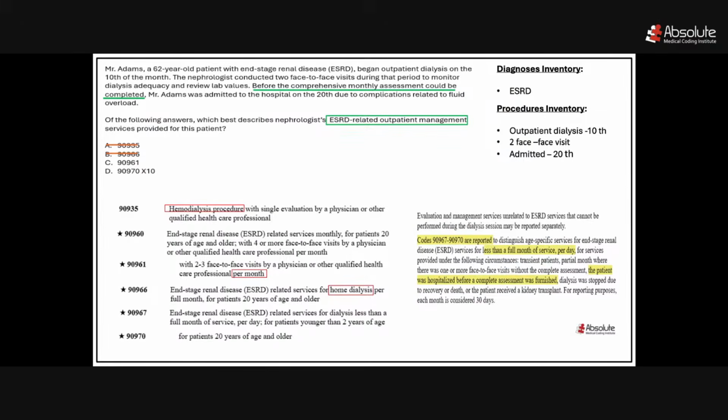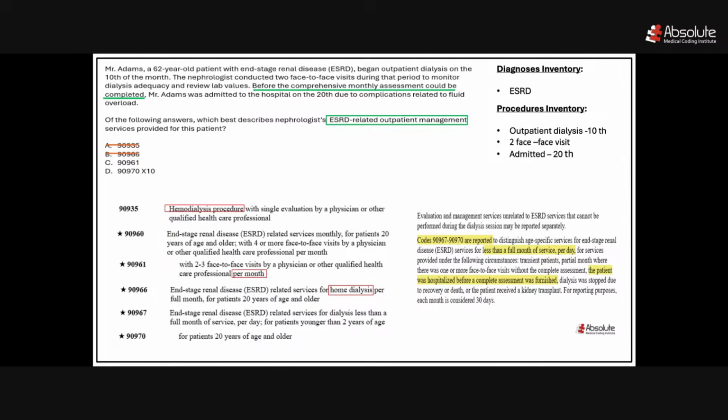The guideline states that you can use the codes 90967 through 90970 to distinguish the age-specific end-stage renal disease services for less than a full month of service, per day. There are criteria or circumstances, and I have highlighted the circumstance in our scenario that says the patient was hospitalized before a complete assessment was furnished, right?